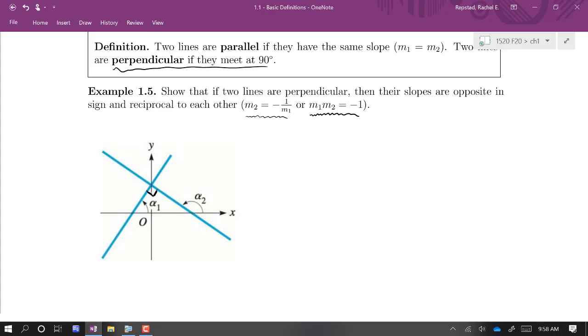I'm going to label these lines. This line with a positive slope, I'm going to call L1, and the line with a negative slope, I'll call L2, and I'll say that M1 is the slope of L1, and M2 is the slope of L2.